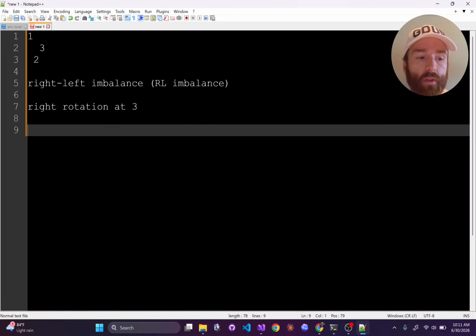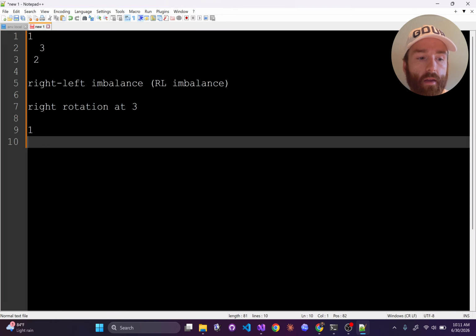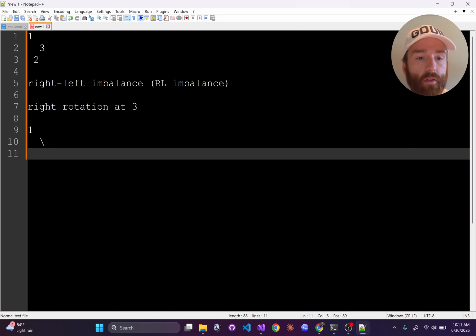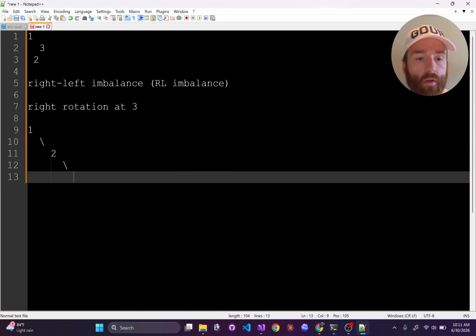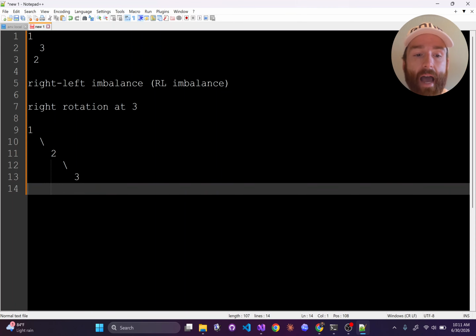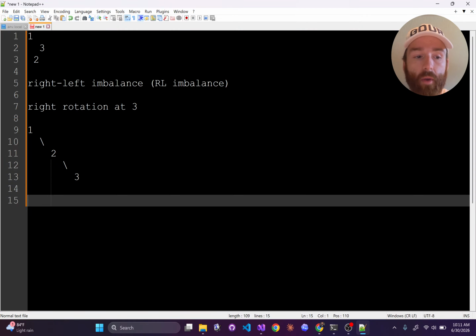because doing that would lead to where we had 1, and then I'm even going to draw the little nodes out here, 2, 3. So the first step is to get it into a straight line where it's all in the right order.